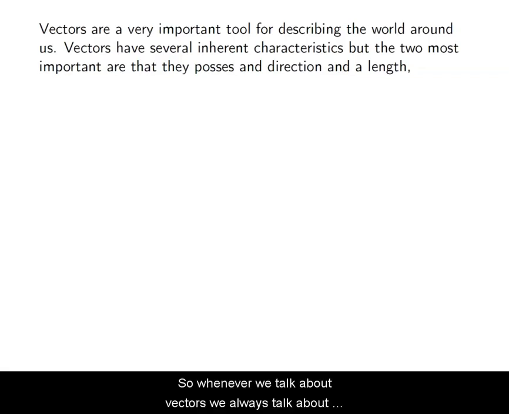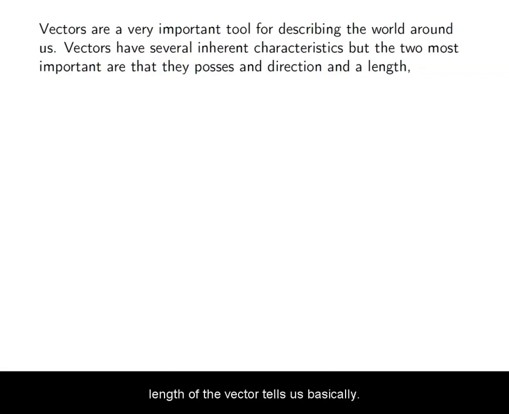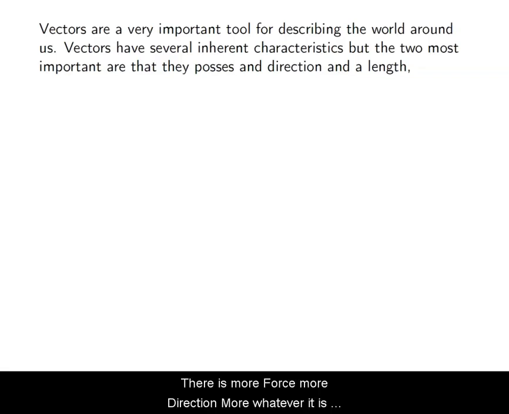So whenever we talk about vectors, we always talk about what direction it's pointing in and the length of the vector. The length of a vector is called the magnitude. So a long vector implies that there is more force, more direction, more whatever it is that the vector represents than a short vector does.